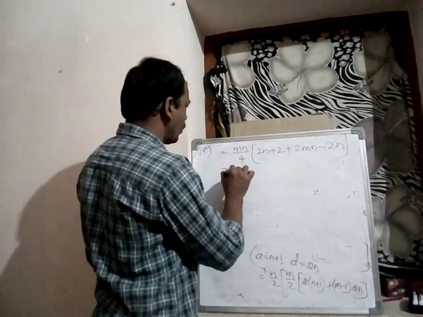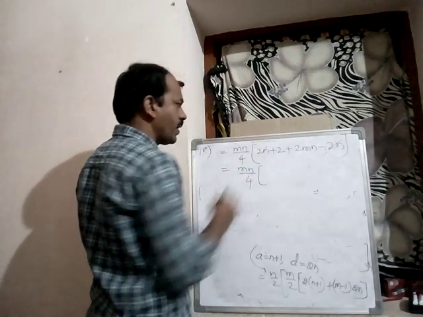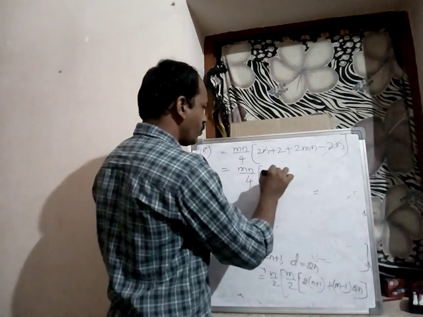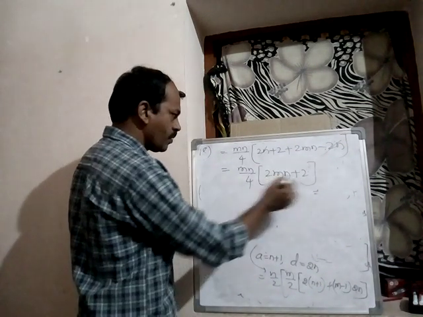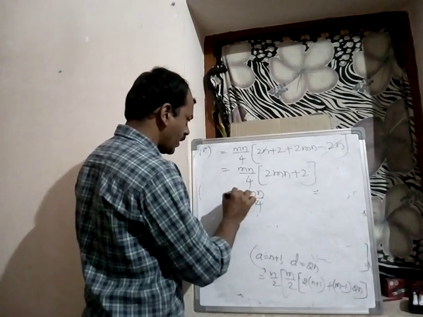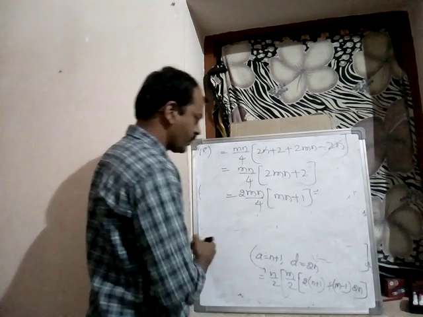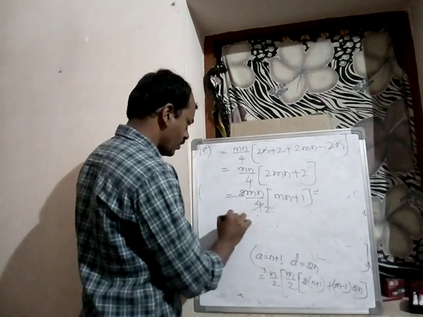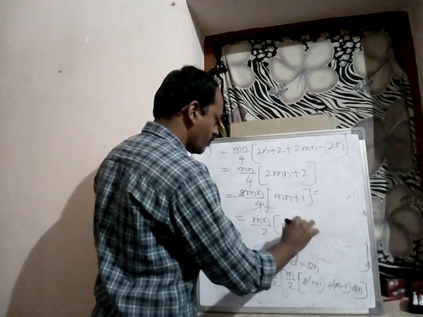So plus 2n minus 2n cancel, and we get 2mn plus 2. By taking common 2, mn by 4 into 2 times mn plus 1, so mn by 2 into mn plus 1.